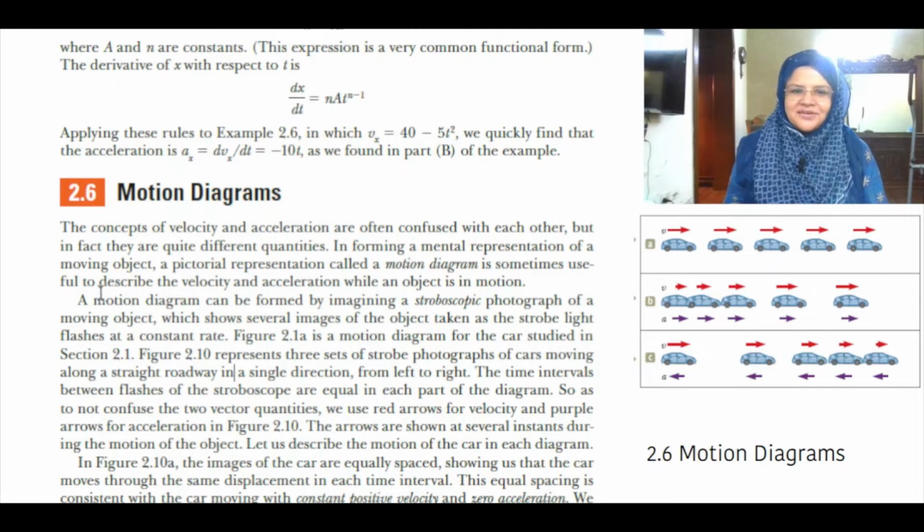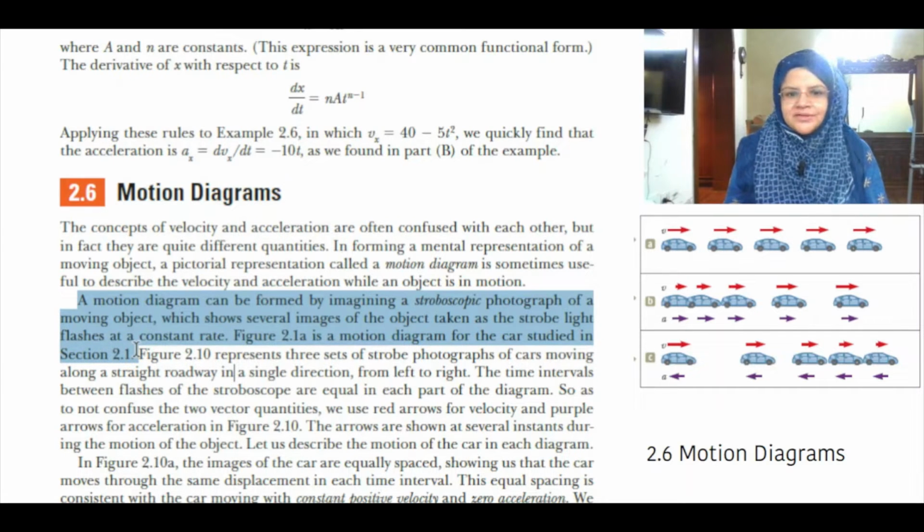A motion diagram can be formed by imagining a stroboscopic photograph of a moving object, which shows several images of the object taken as the strobe light flashes at a constant rate. Figure 2.1a is a motion diagram for the car studied in section 2.1. Figure 2.10 represents three sets of strobe photographs of a car moving along a straight roadway in a single direction from left to right.